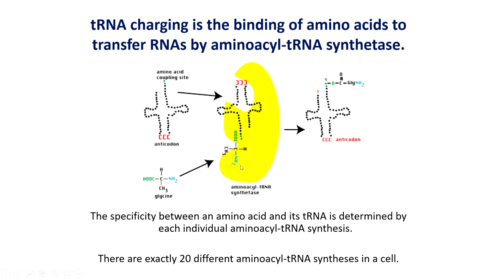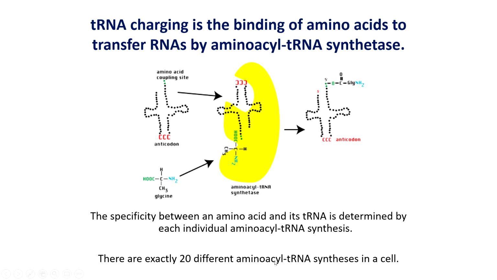And the tRNA synthetase also has this active site that is unique to the amino acid that fits in it. And so because these 2 fit in so perfectly, only some tRNAs can fit in this site, and only one type of amino acid can fit in this site. So the specificity between amino acid and its tRNA is determined by this enzyme.